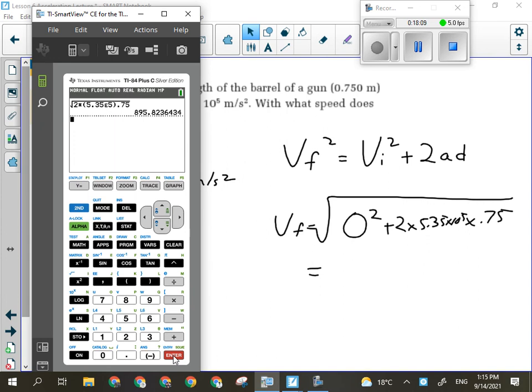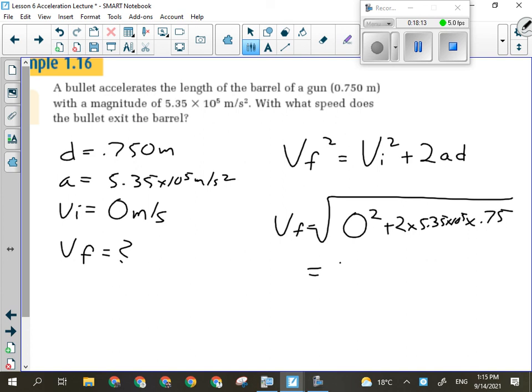Is that fast? Very fast. How fast does sound travel? Not as fast. 1/3 approximately as fast as this.